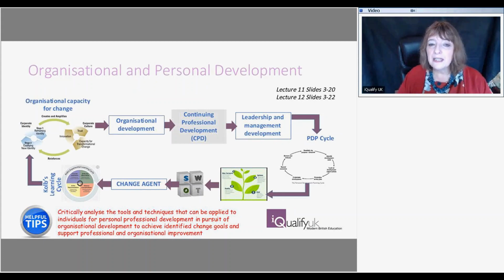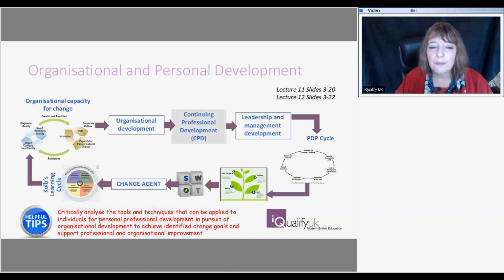So in this diagram here, we covered a number of different things, and they were all in lectures 11 and 12. And this is about organisational and personal development. So you will recall that these sessions, 11 and 12, 11 was on organisational development, and lecture 12 was primarily on personal development.